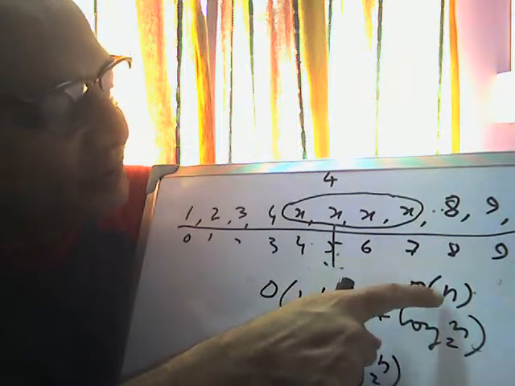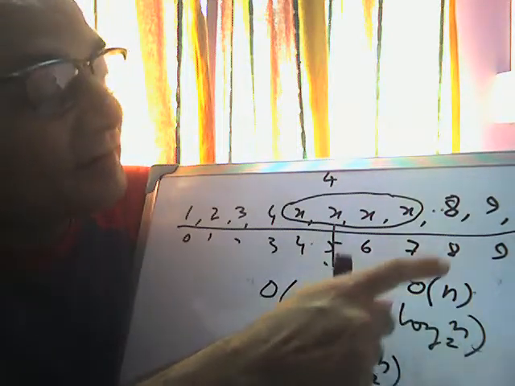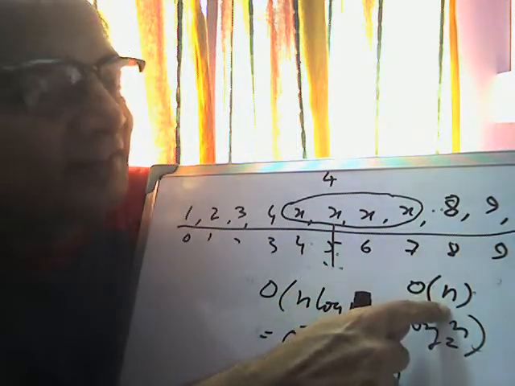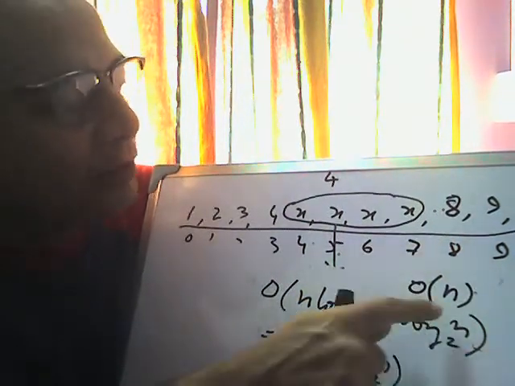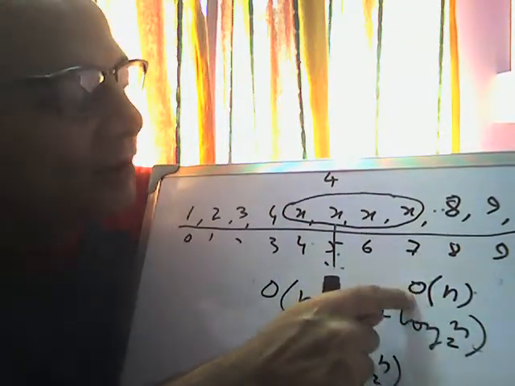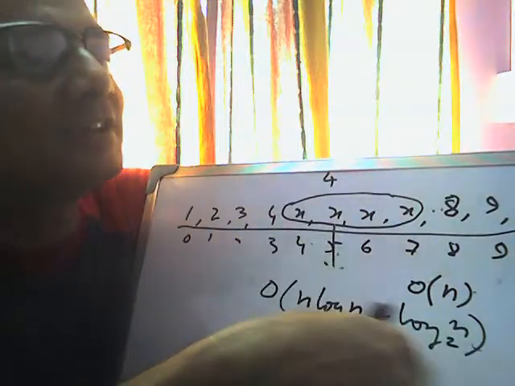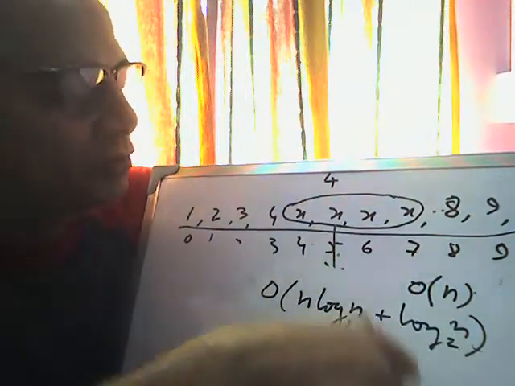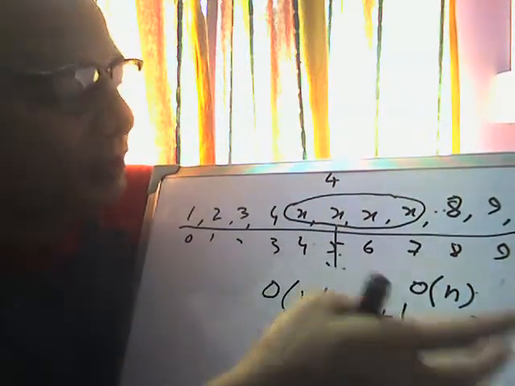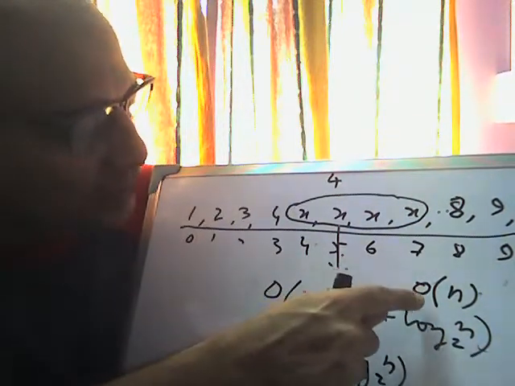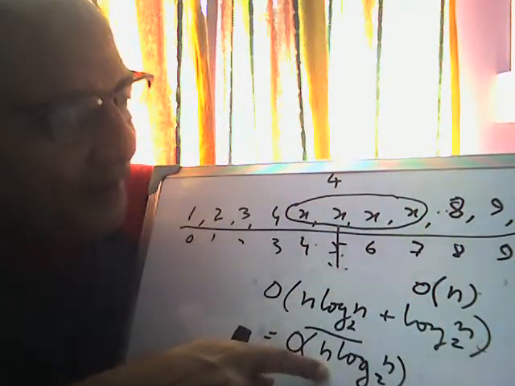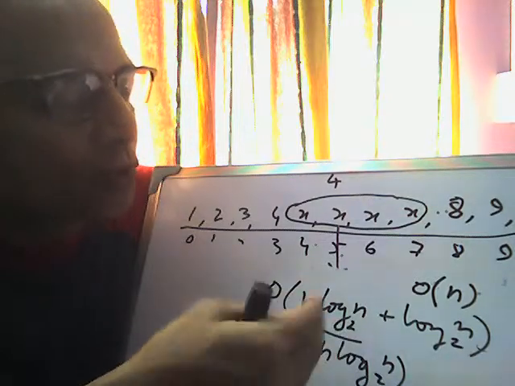If the input size is n and your number of insertions and deletions is more than n, then the complexity is order of n square, because every time it is doing this. So depending on the scenario, from a mathematical point of view, this is always better than this one, but you have to take care of those operations.